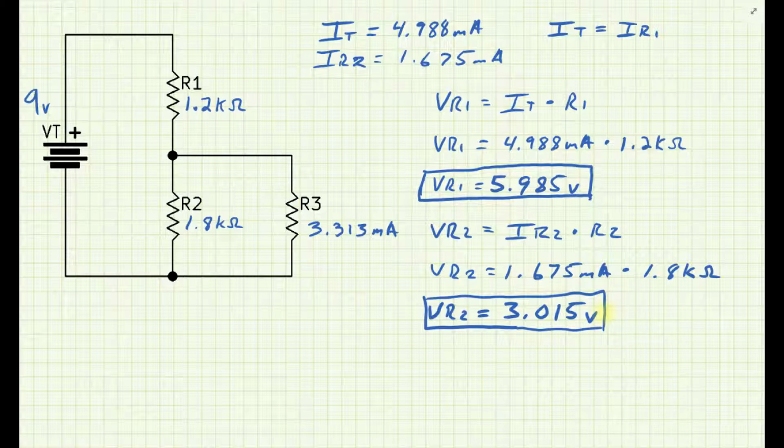You remember in my previous equation, the one I actually used to solve this circuit when I was first doing my analysis, I found that these two voltages are equal, of course, and 0 equals minus 9 volts plus VR1 plus VR2.